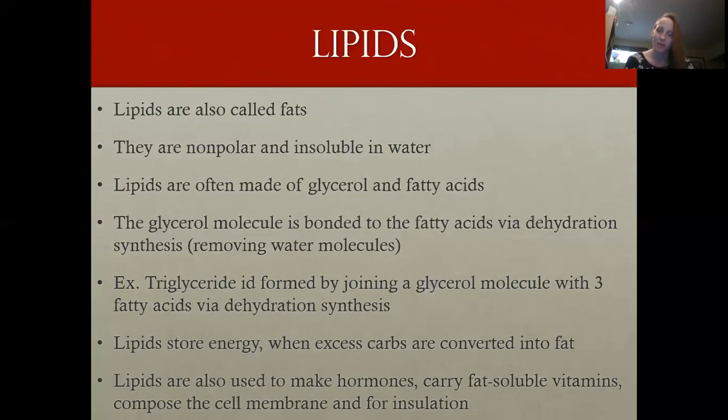However, like we talked about when we were talking about carbs, if you have too many carbs in your diet, those excess carbs will be converted into fat to become stored energy. Lipids are also used to make hormones. They carry fat-soluble vitamins, and they make up your cell membrane, so they're important for a lot of different body functions. They're also important in the human body for things like insulation.